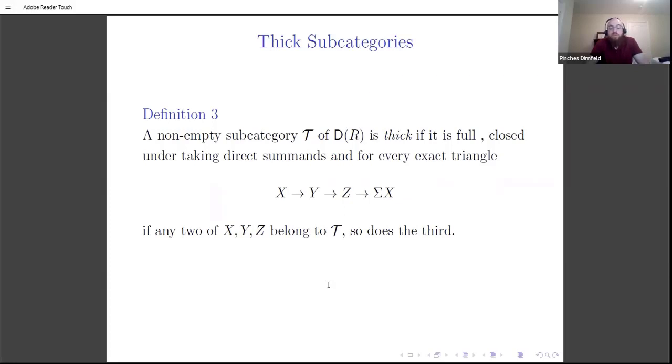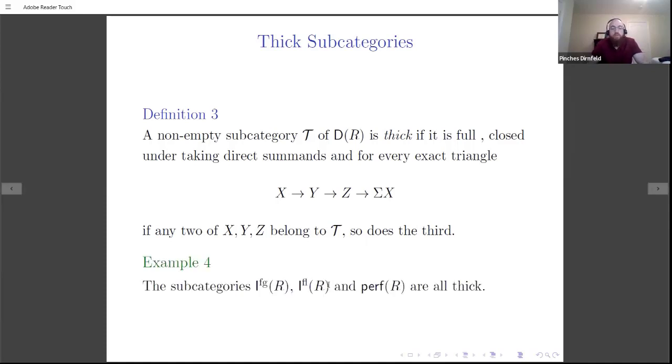In other words, for every exact triangle, if two of the complexes are in T, so is the third. And some examples, which is very fortunate: the complexes of finite flat dimension, finite injective dimension, and the perfect complexes, which I'm using in this talk, are all thick subcategories.